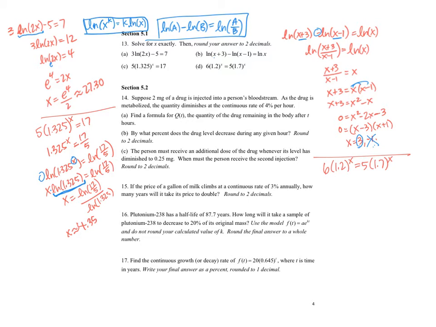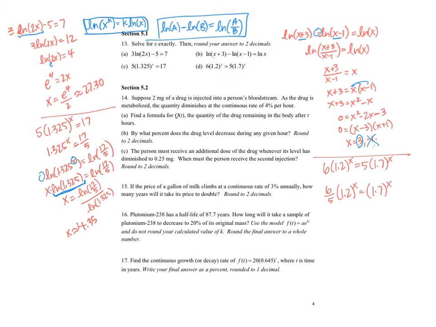But we can't completely get rid of those numbers in front of the exponential part. So I'm just going to divide both sides by 5, but you could equally reasonably divide both sides by 6 if you want. So just pick one. So I'm going to divide both sides by 5. So I get 6/5 times 1.2 to the x is equal to 1.7 to the x.